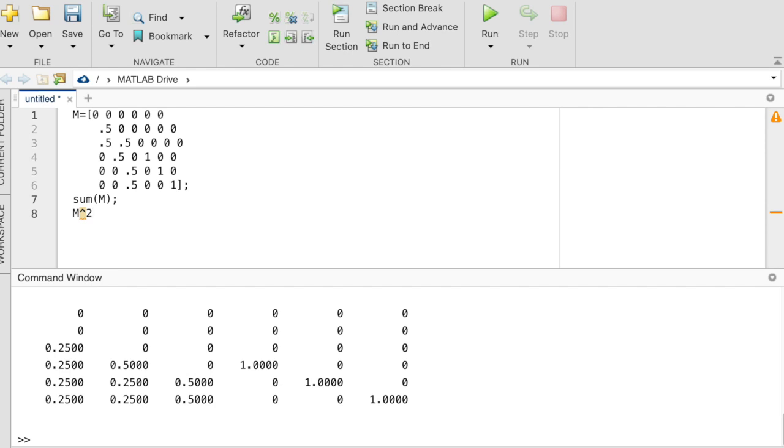You can see the final 3 columns don't change because once you're in those states, you stay in those states, but the numbers in the first 3 columns, which are states where we're moving, those have shifted. And we can cube it, raise it to the 4th power, 5th power, don't see anything changing, let's do 100th power. Looks like we've converged to this form.